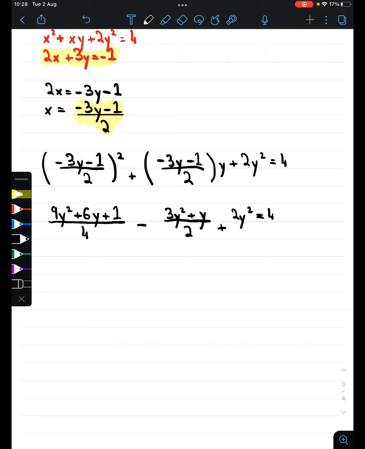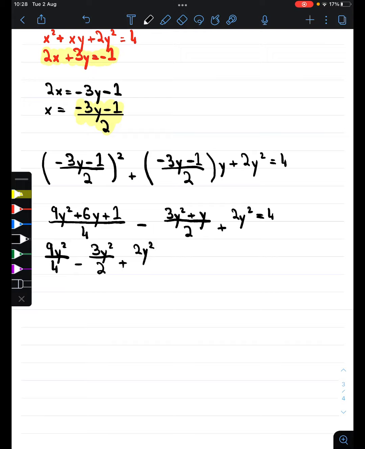So if we try and finish cleaning this up, if we collect the y squared terms together, then we get 9y squared over 4 minus 3y squared over 2 plus 2y squared.